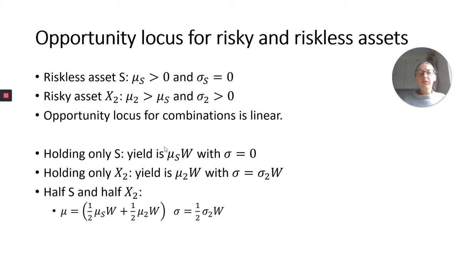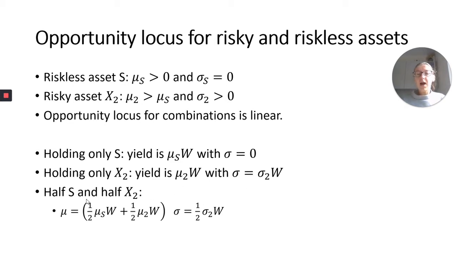then the yield of our investment portfolio would be equal to asset S's yield multiplied by the total wealth invested, with no risk. And on the other extreme point, if we have all the investment in X2, the risky asset, the yield is probably going to be higher, but the portfolio would be risky.